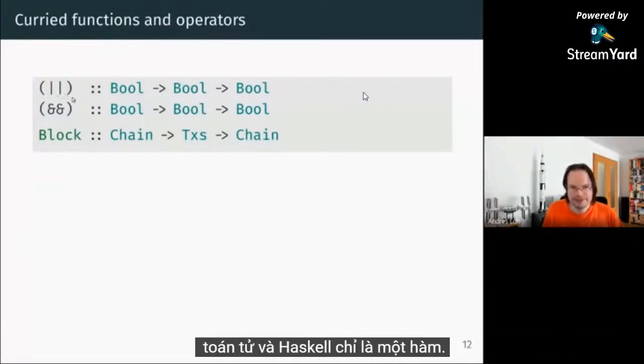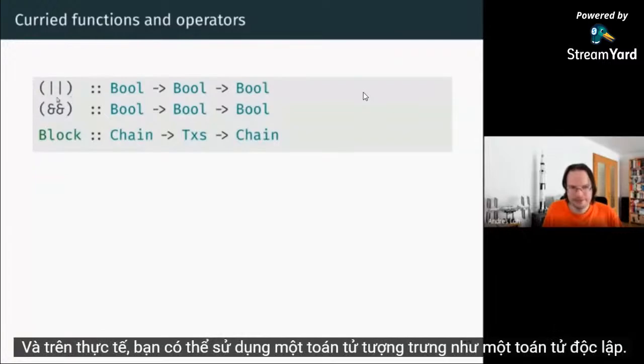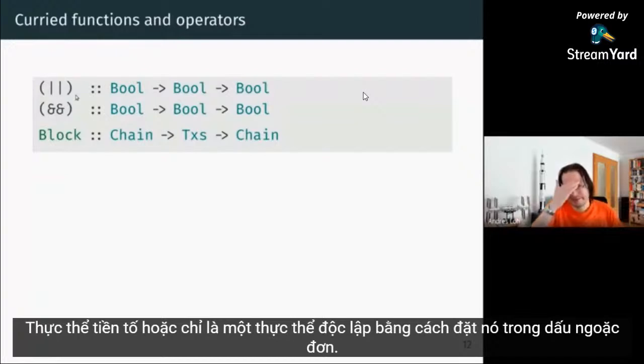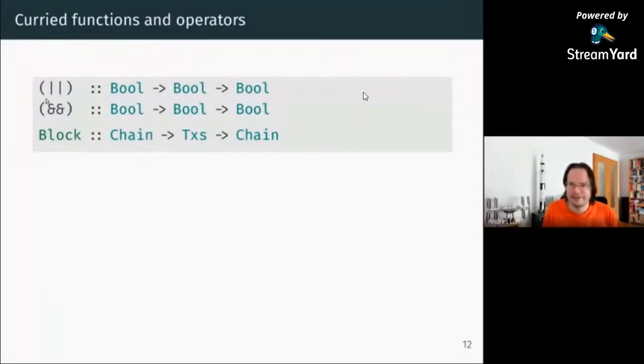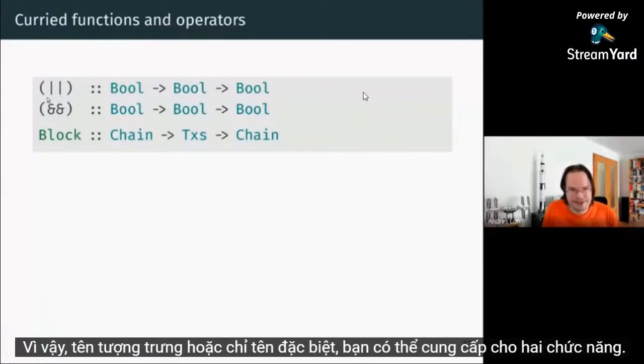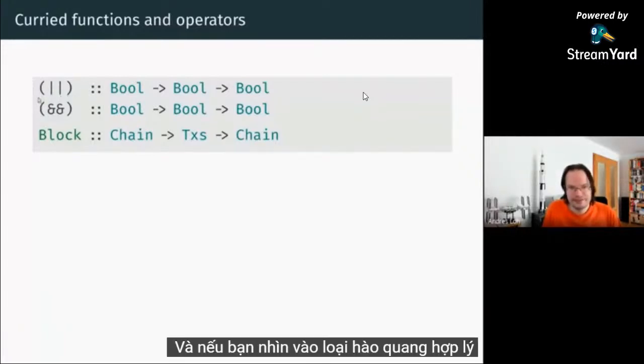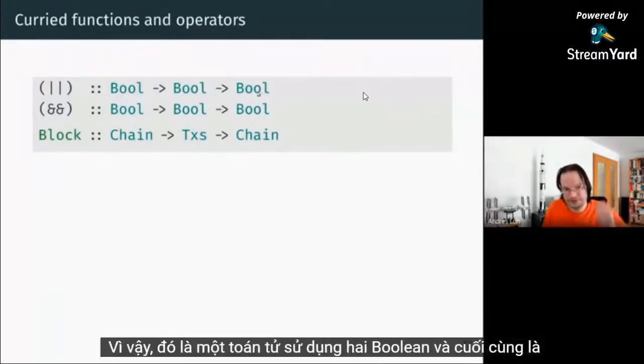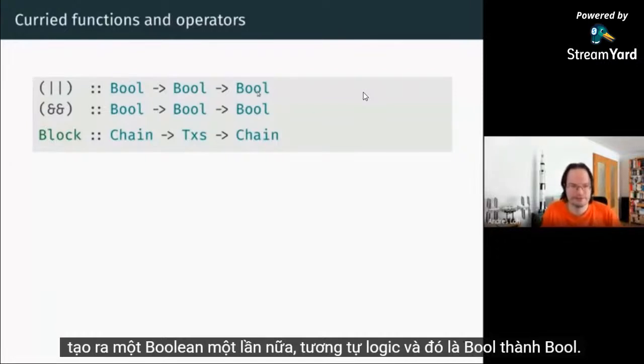An operator in Haskell is just a function, and you can, in fact, use a symbolic operator as a standalone entity by surrounding it in parentheses. So symbolic names are just special names you can give to functions. And if you look at what the type of this logical OR is, it's curried Bool to Bool to Bool. So it's an operator that takes 2 booleans and ultimately produces a boolean again.